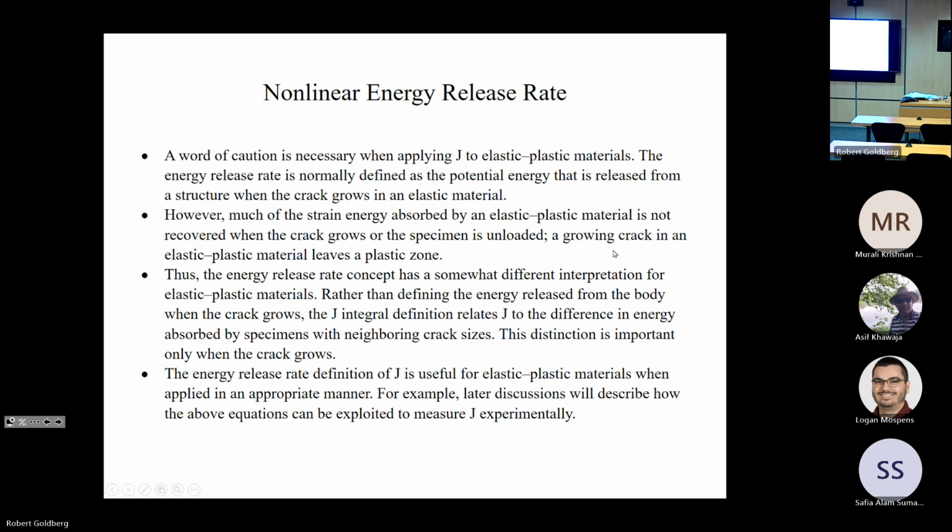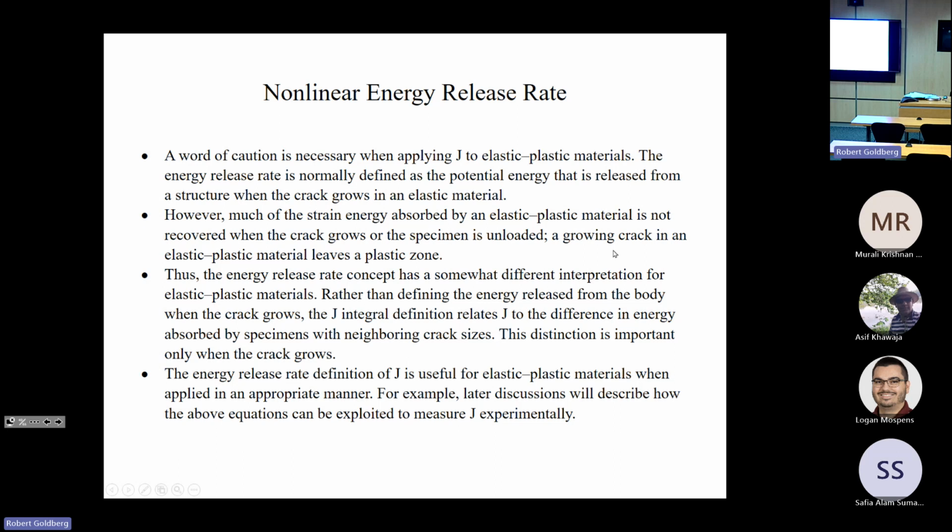But when you have an elastic plastic material, when you absorb strain energy, you don't recover it when the crack grows or the specimen is unloaded. If you have this plastic zone, some of your energy goes into plastic deformation, and you don't recover it when you unload. So the energy release rate has a somewhat different interpretation for elastic plastic materials.